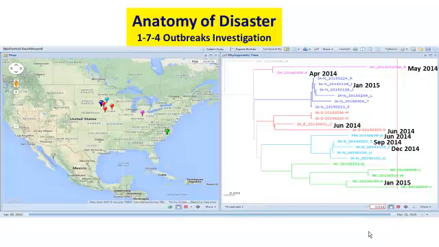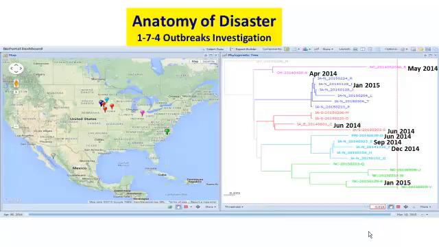So this is clearly a highly virulent virus. It has biological properties that we're not very familiar with. It appeared to first show up in, I think the first case was in Indiana or Ohio, and over a period of a few months it showed up in other locations, and the colors correspond to different genetic groups, but these are not very different.